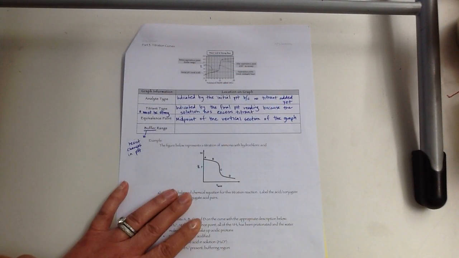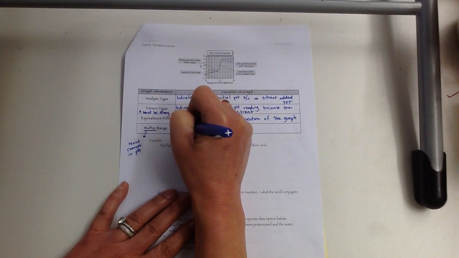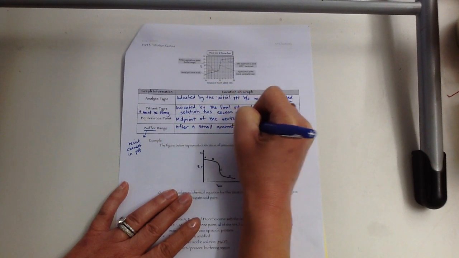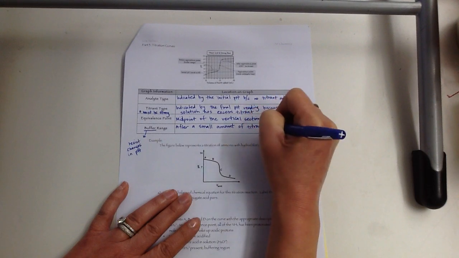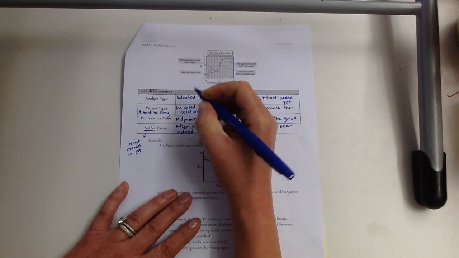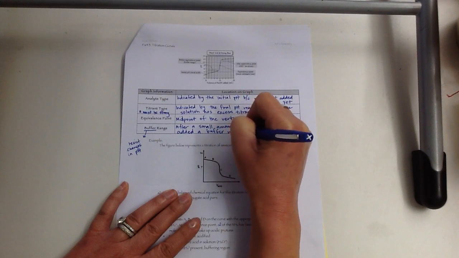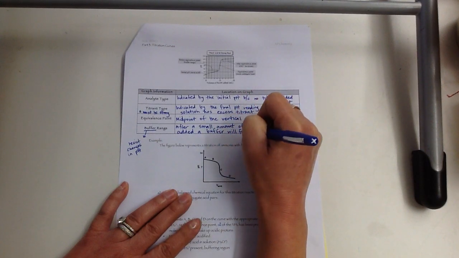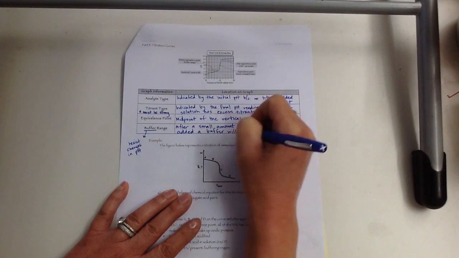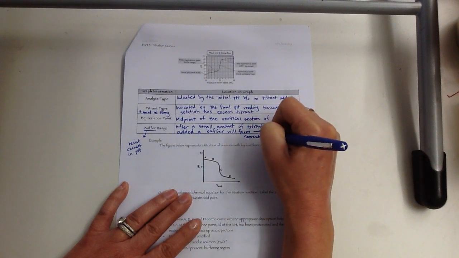Okay, it's already labeled for you, and the buffer range occurs after a small amount of titrant has been added. A buffer will form. And so this is why we see the pH remains somewhat constant, even when a strong base is added.